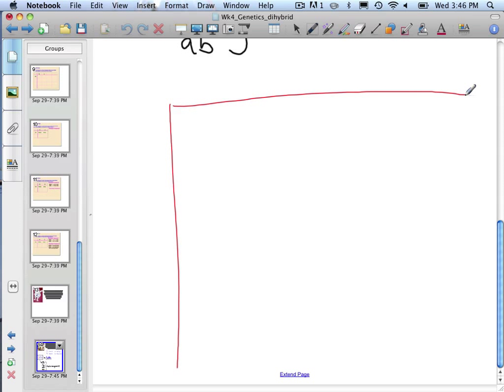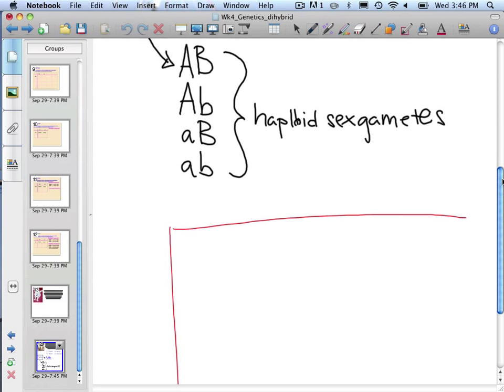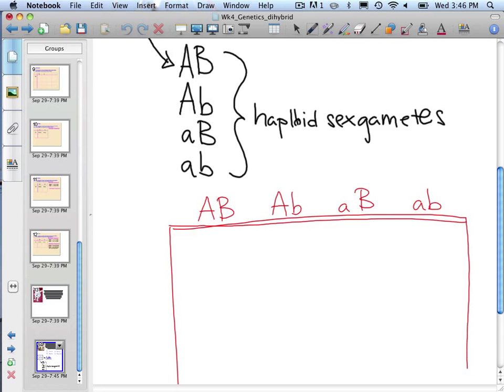And recall, let's do the top parent first. I have to put each of these gametes along each side of my Punnett square. So I'm going to have a big A, big B, a big A, little b, a little a, big B, and a little b on this side of my Punnett square.